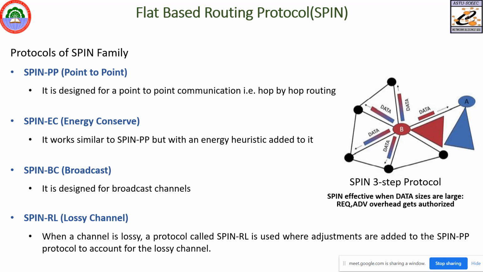But in this case, based on the requirement, if we have point to point communication, this SPIN-PP version of the protocol is going to be used. And if you want to save the energy, then the SPIN-EC protocol is going to be used. So especially this SPIN-EC is a very popular protocol, as we are talking about saving the energy when you are transmitting the information.